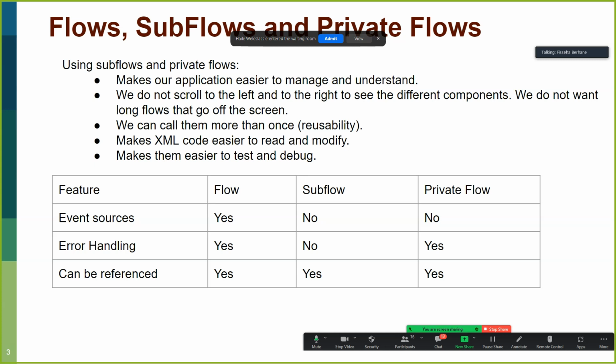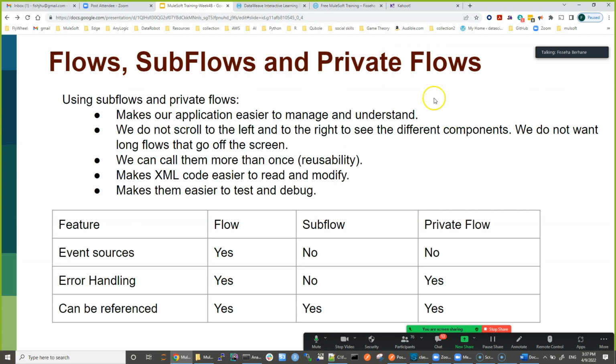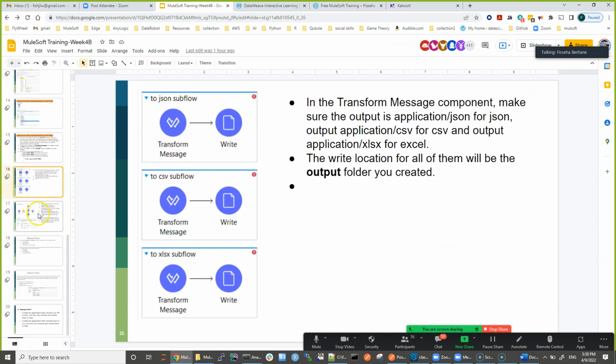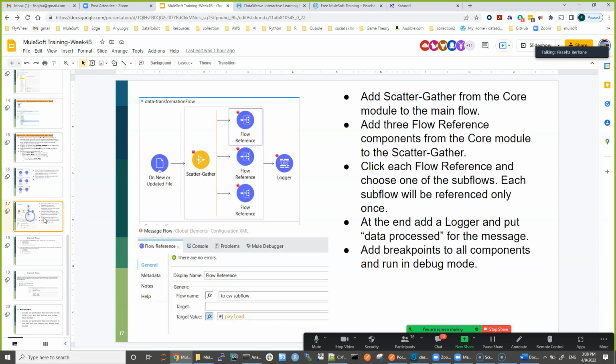So these are the different flow types that we have. Let me show you at a high level what we want to build. One subflow transforms data to JSON and writes it to JSON. Another subflow transforms data to CSV and writes it to CSV. Another transforms it to Excel and writes it to Excel. In the main flow, we want to use a scatter gather and reference each one of them.